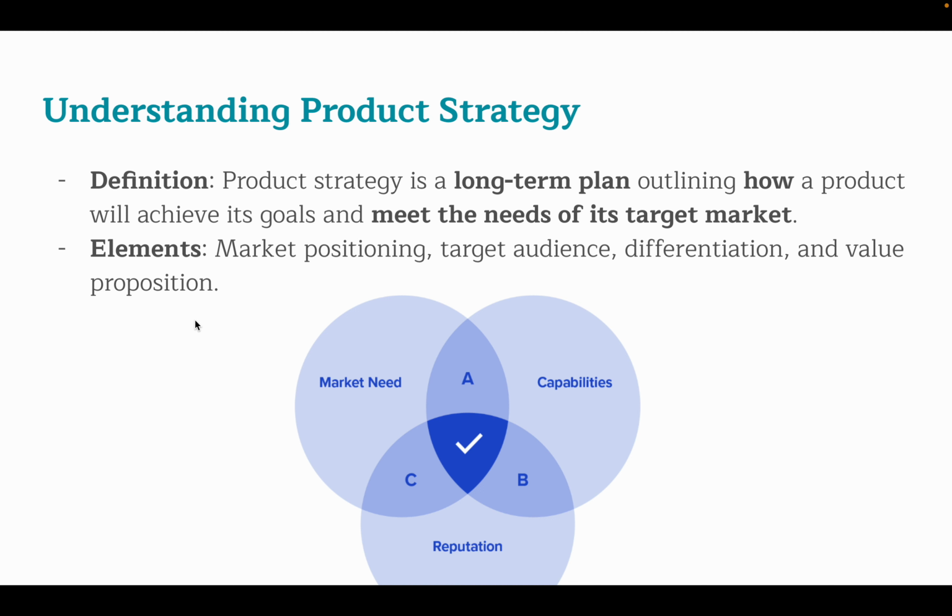And then we also look at what the elements of an effective product strategy are. To do product strategy really well, we need to think about market positioning, target audience, and differentiation. What makes us different from everyone else?